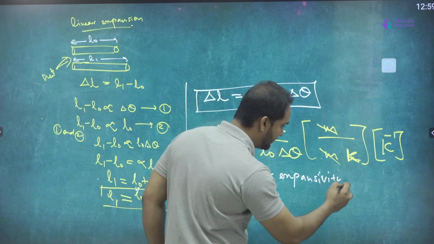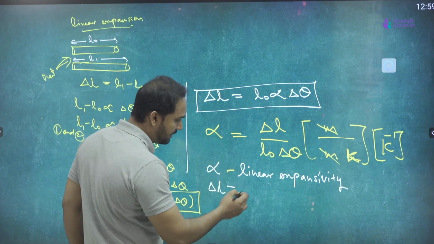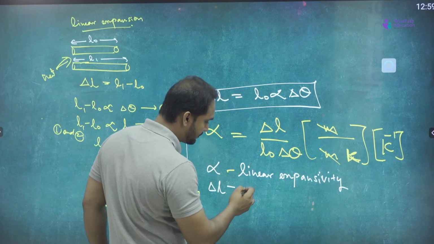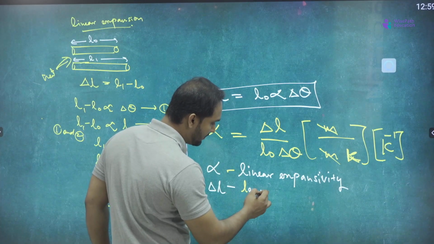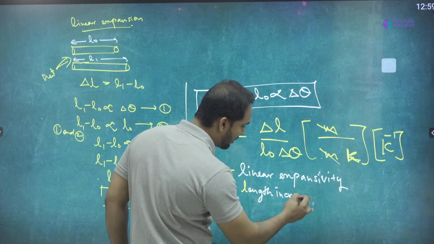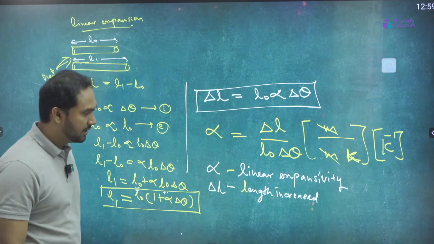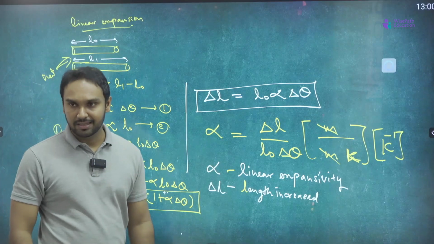It's linear expansivity. And delta L is the length increased, or the length extended, right? Length increased or length extended.